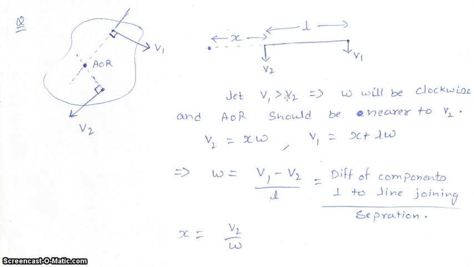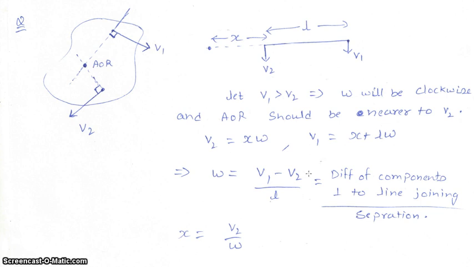So as v2 is less, point 2 will be nearer to axis, and we take the distance to be x, and assuming omega is the angular velocity, we can just predict that omega has to be clockwise because this is the axis of rotation, and if you rotate clockwise, these 2 points will get the velocity in downward direction.